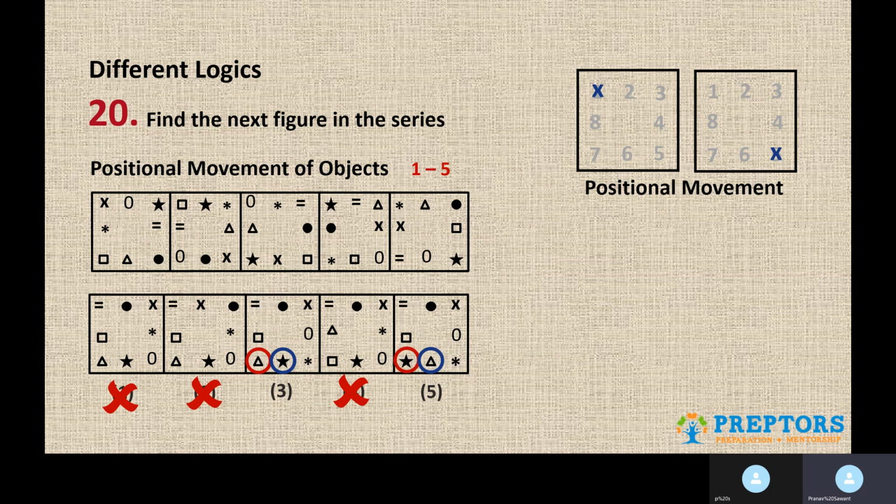So let's check the second one. Now the second place object moves to seventh place. So let's see whether it is following or not. So triangle will move to seventh place and option 4 is also eliminated because in option 3, triangle is at seventh place. Hence option 3 is the answer. So you just have to focus on the elements, how they move.